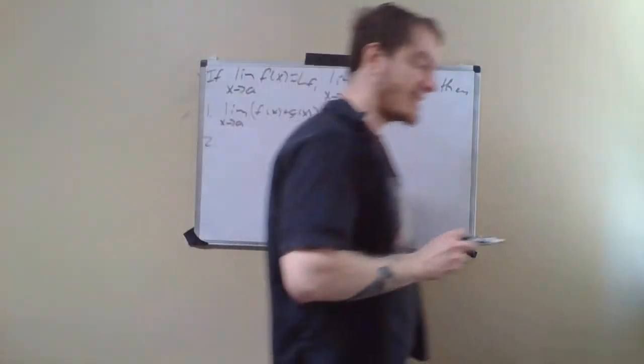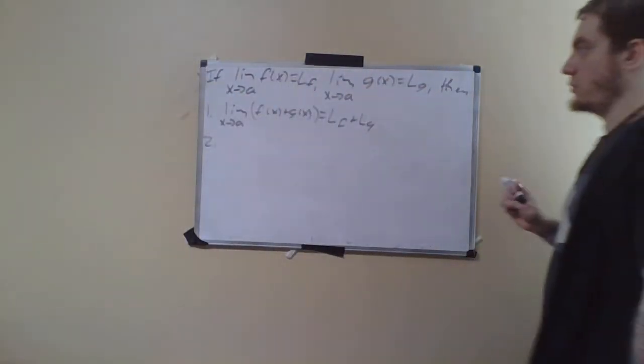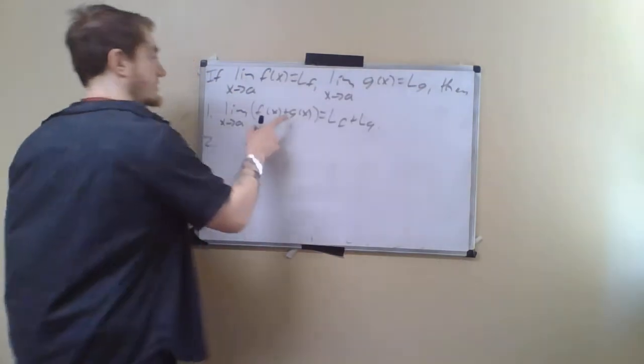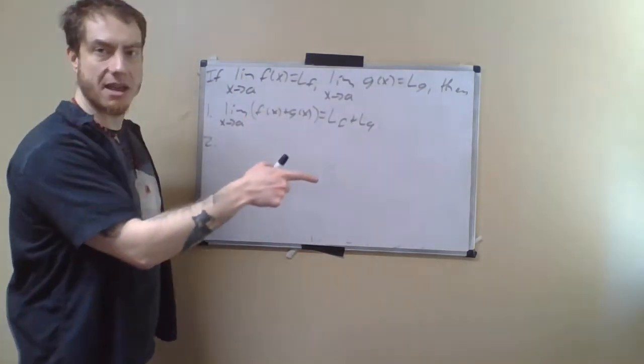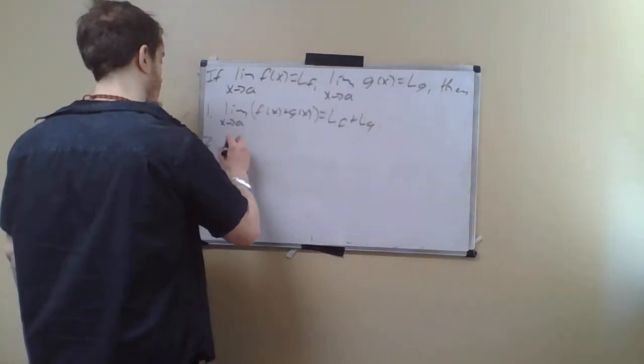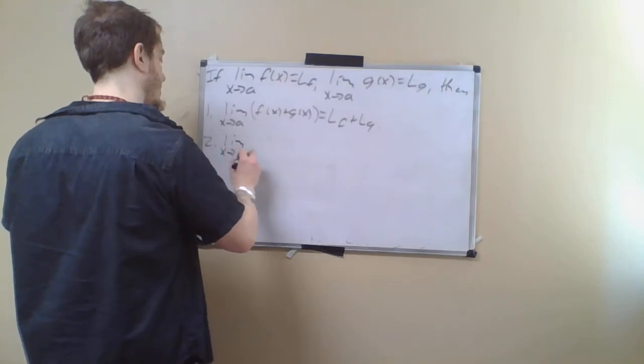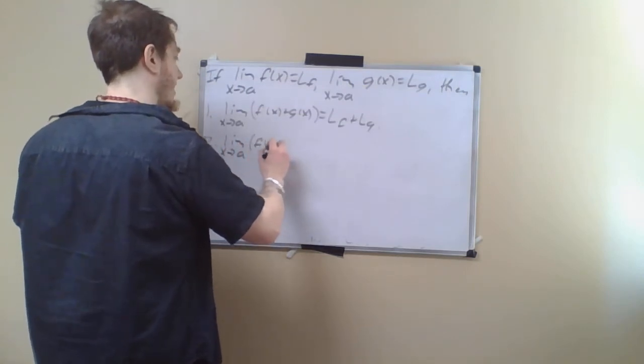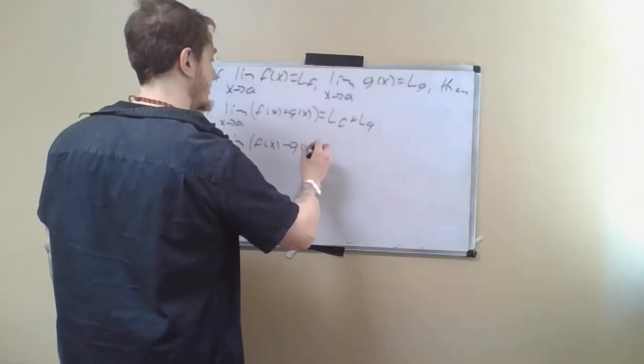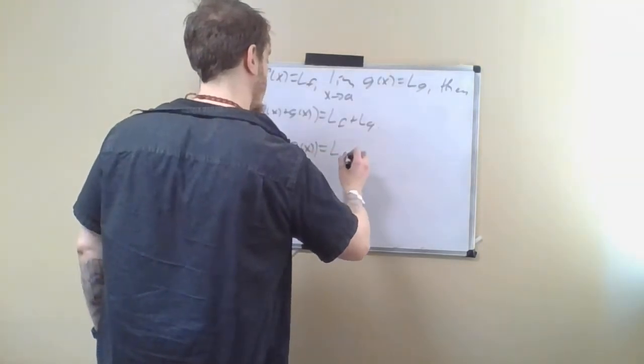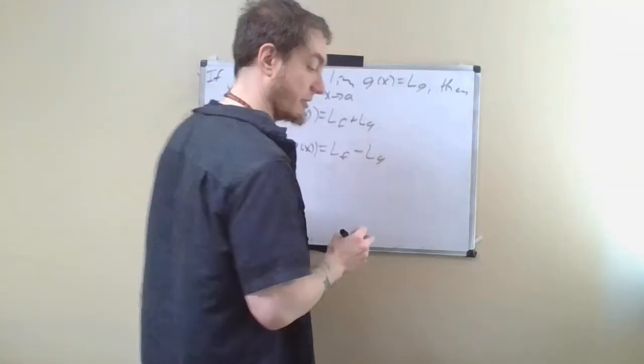By an almost identical sort of proof, we can show that the same holds if I subtract them instead of adding them. So the limit as x approaches a of f of x minus g of x is just the limit of f minus the limit of g.